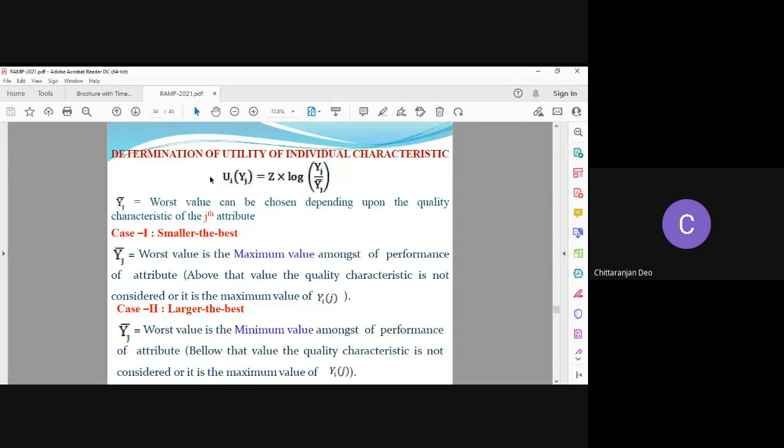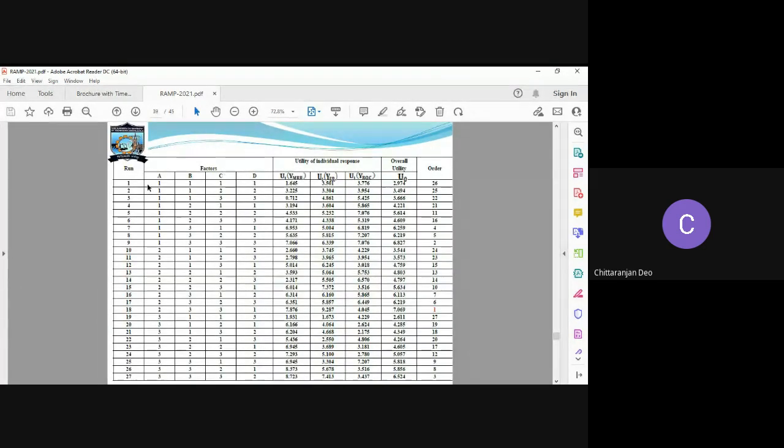So for individual responses, by using this formula, we are calculating the utility value for MRR, surface roughness and radius of overcut, for the same settings. Then we have to convert these three responses to a single response by calculating the overall utility.